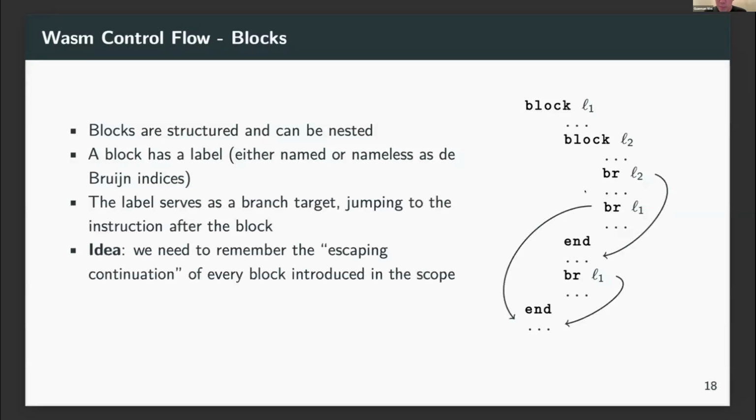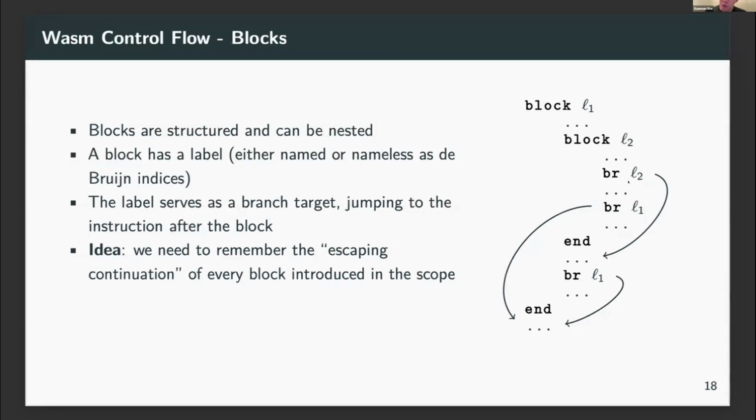And those labels serve as a branch target where we can refer to those labels using the BR instruction. For example, here in the inner block, we have BR L2 and BR L1. And when we are branching to the target of the block, we're really jumping to the next instruction right after the block.